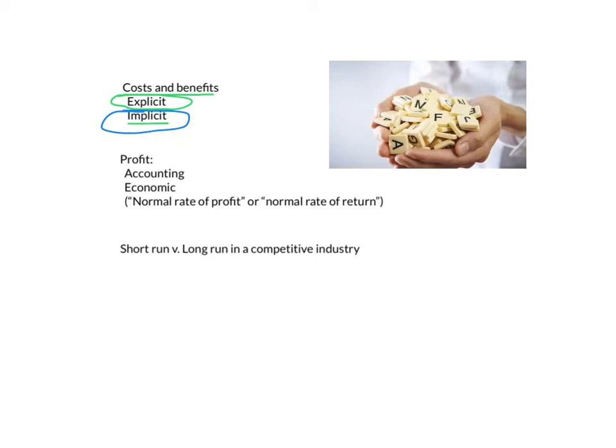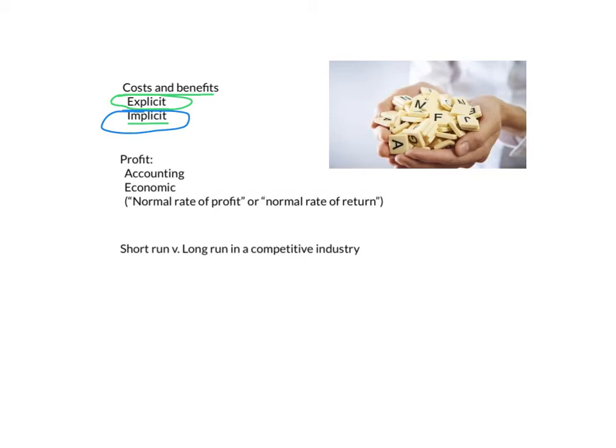And likewise, an implicit benefit is one where, I took a job on the West Coast at a much lower salary when I started my career because I wanted to be on the West Coast. I made a decision that being on the West Coast was worth about $10,000 in salary to me. Well, that decision, that move to the West Coast, cost me $10,000 a year.